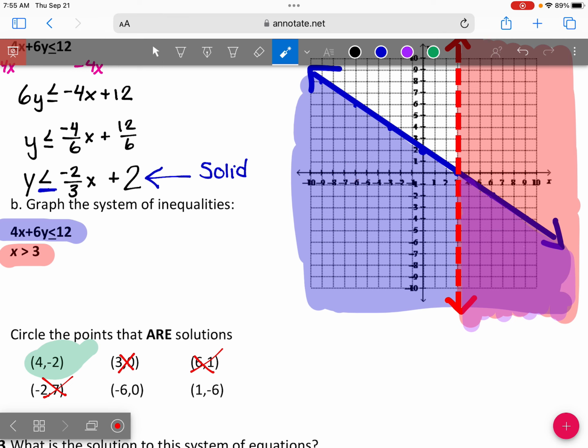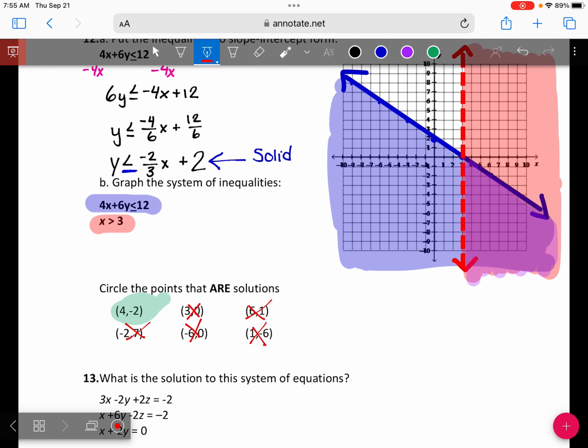I was wrong either way, but still. And then how about 1, -6? No. That wasn't the laser pointer. I'm like, why isn't it showing up? 1, -6 is right here. So we only had one in this list that actually was a solution, and it was that very first one. So it's important to check them all. Just because one is doesn't mean any others are.